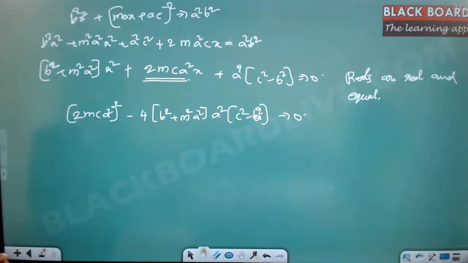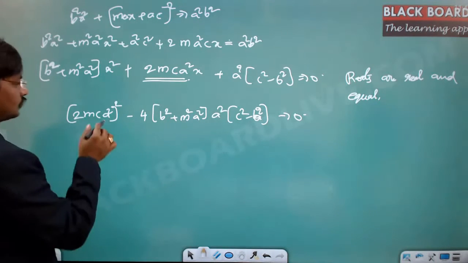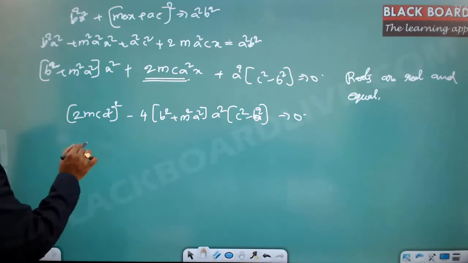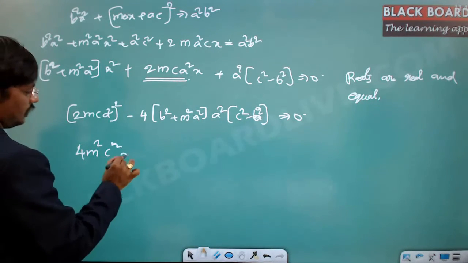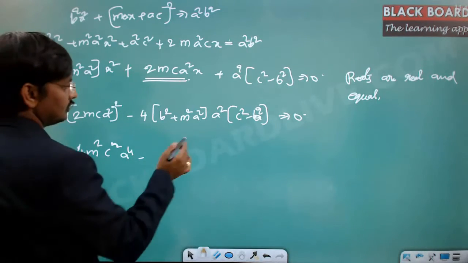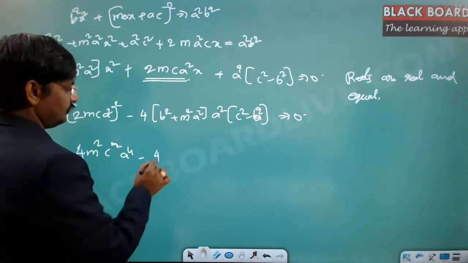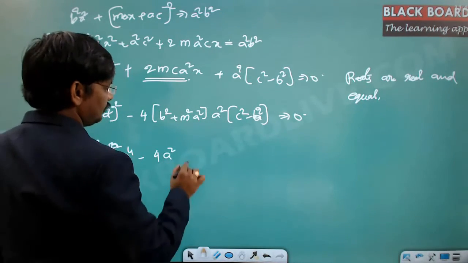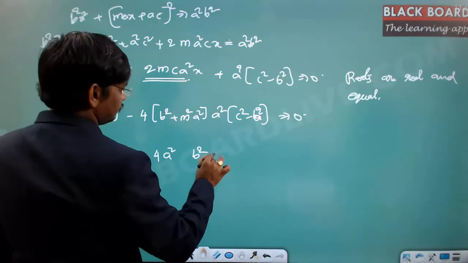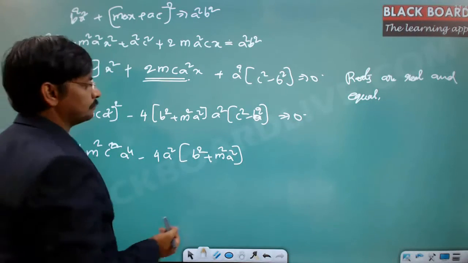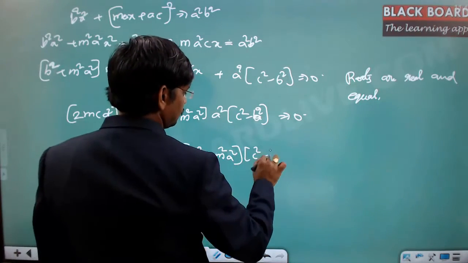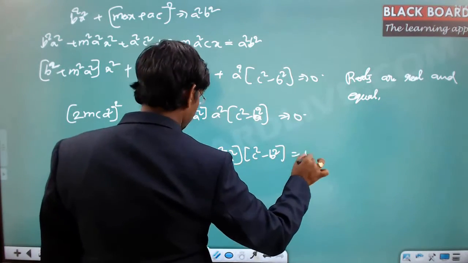Now we can take out a square: 4 m square c square a power 4 minus 4 a square into (b square plus m square a square)(c square minus b square) equal to 0.